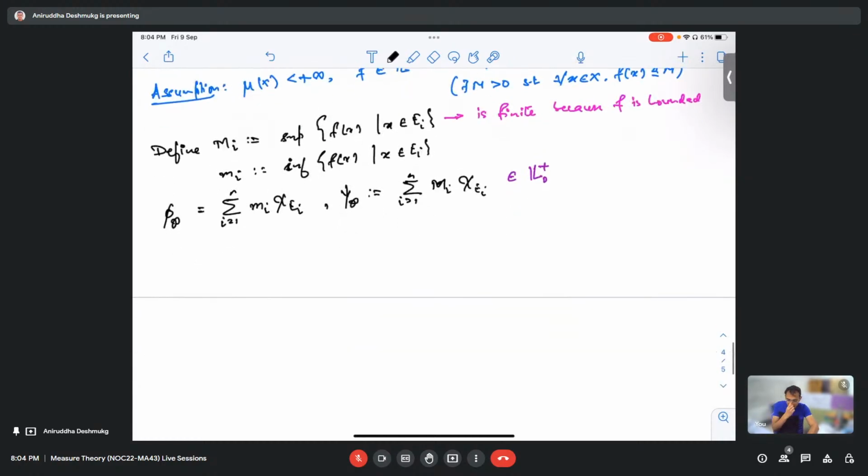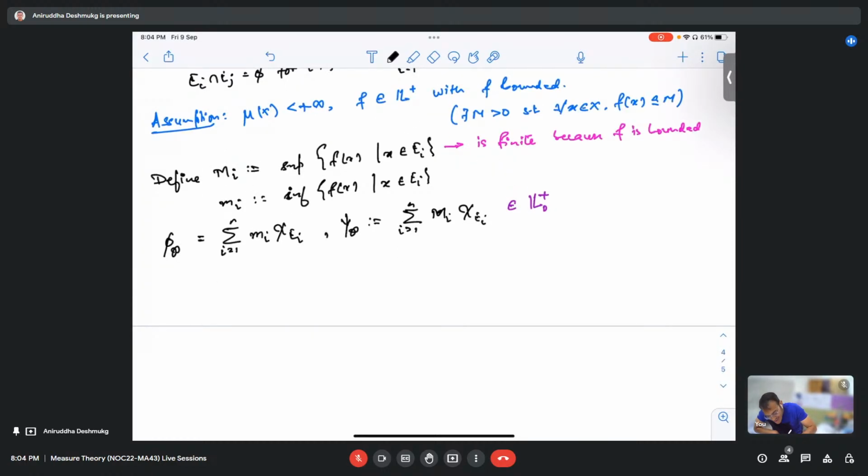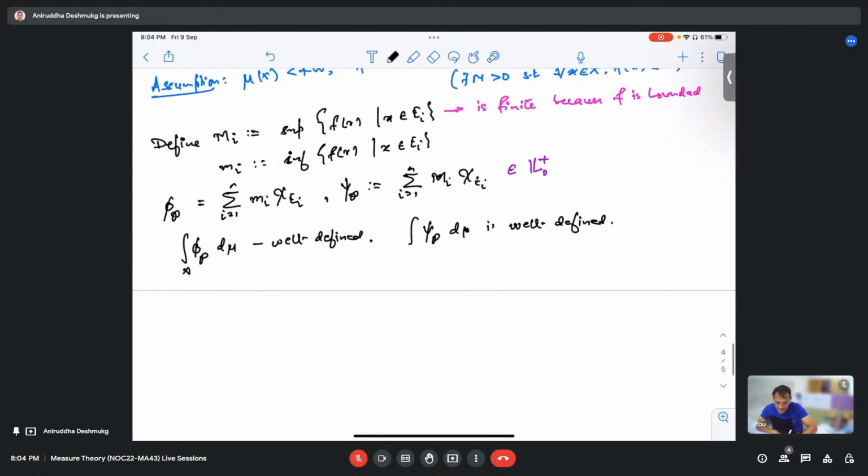Now let us do one thing. These are simple measurable functions, so I can define the integral of phi_P, and this is well defined. Similarly, the integral of psi_P is also well defined. Do you agree? Let us collect them.